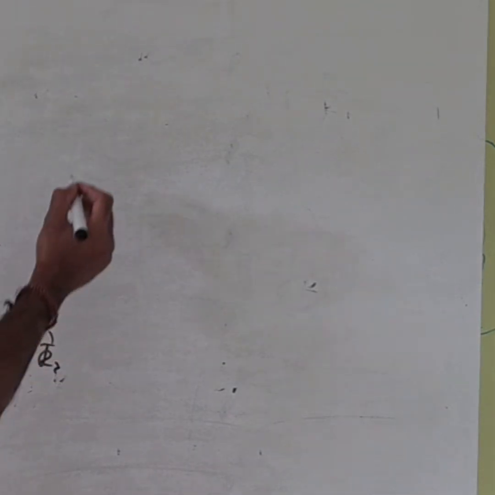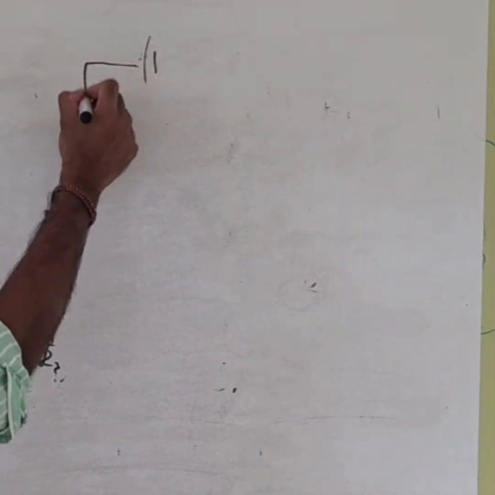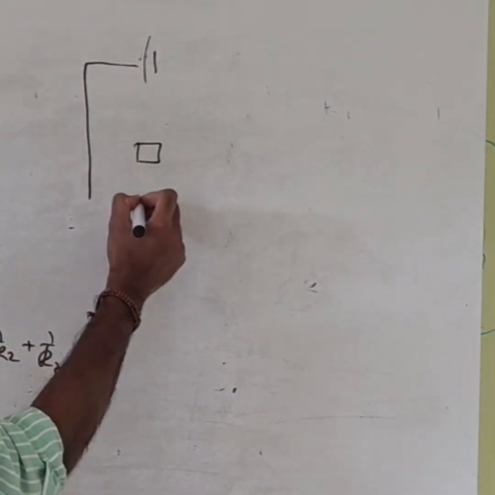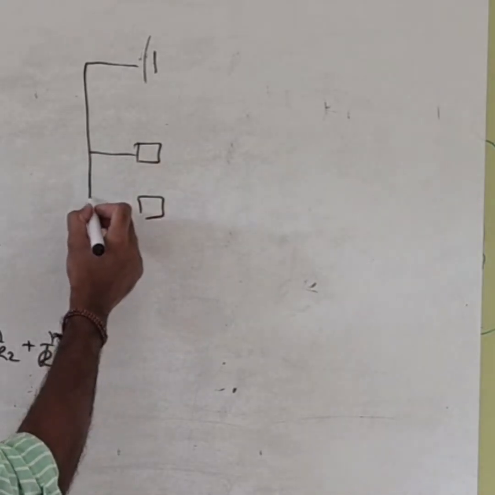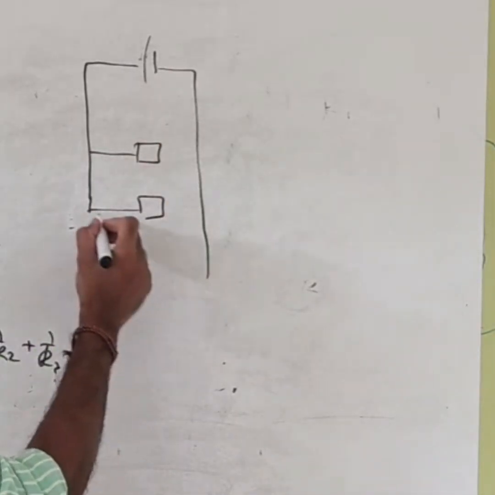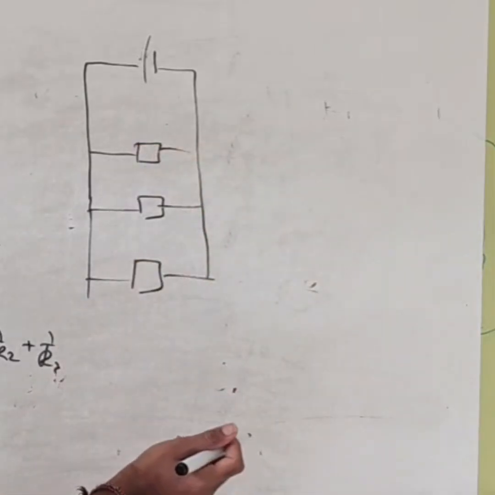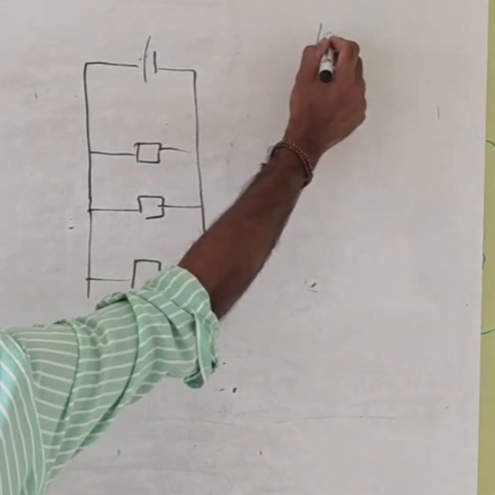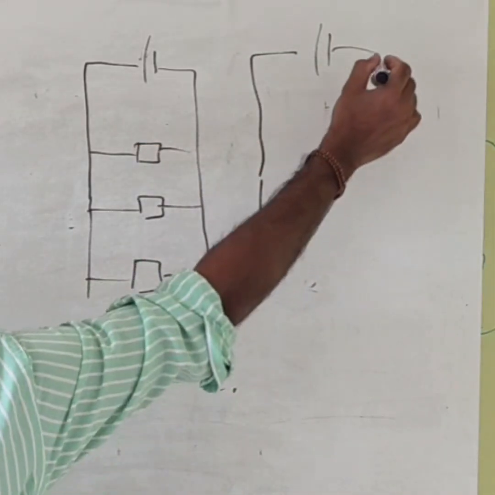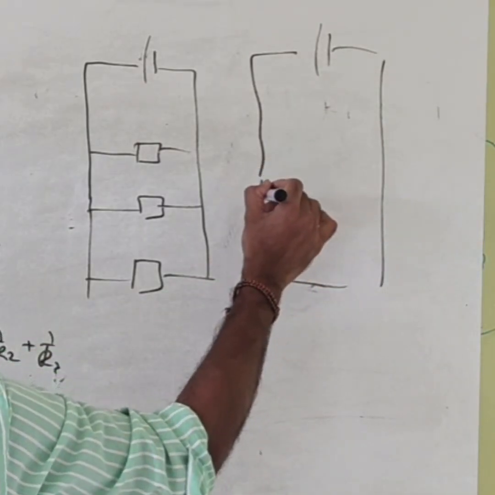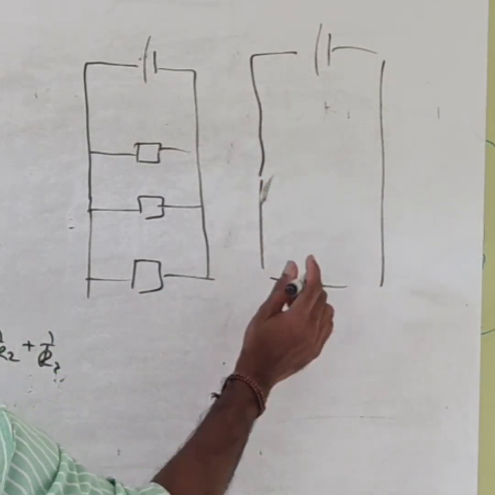So in a circuit, if you have a battery, you can have resistors like this. It is equivalent to having a circuit like this.